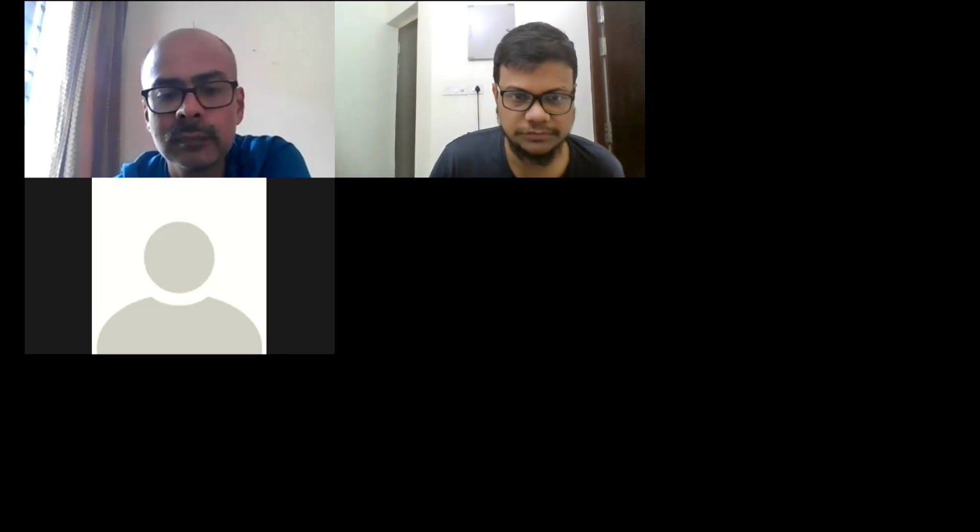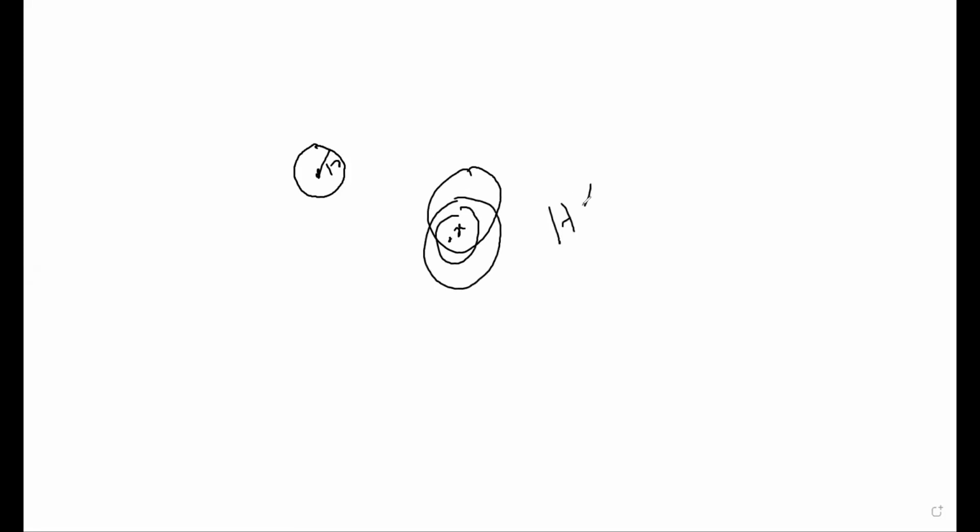Also, there is a modified version of the Hardy-Littlewood maximal function. Instead of just looking at the ball of radius r, you can take any ball which contains the point x. So not necessarily x has to be the center of the ball.